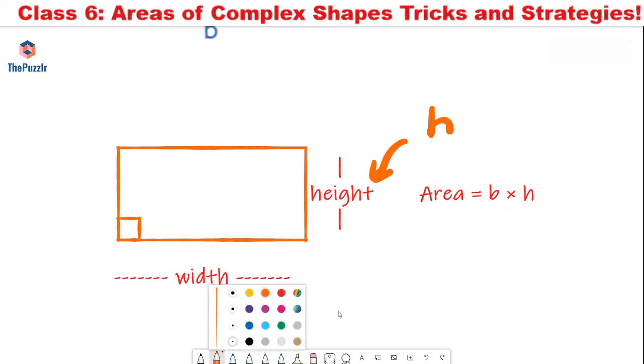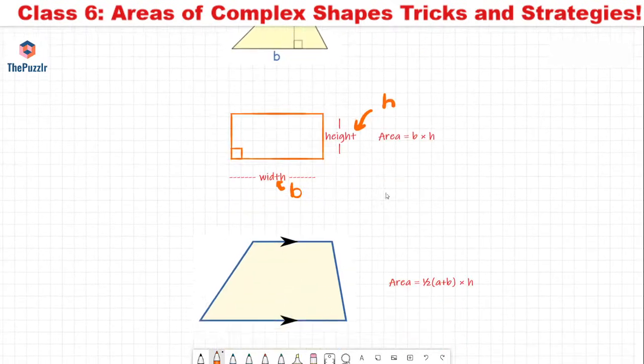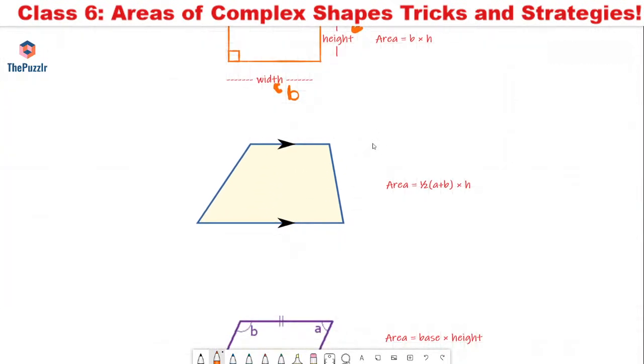Okay, now let's move on to the next shape, trapezoids. So the area of a trapezoid is 1/2 times a plus b. So what's a plus b? This is a, and this is b, right? So 1/2 times a plus b. So the first base is a, and the second base is b.